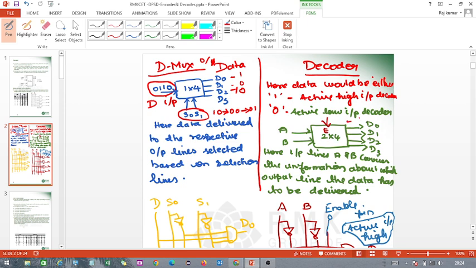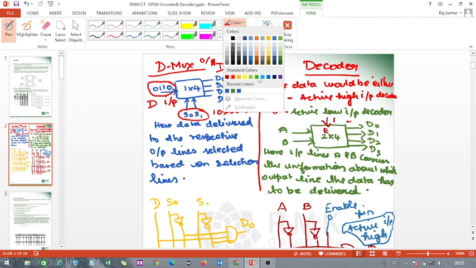To enable, which way do you have to enable? Either by providing a high logic value. If you have chosen an active high input decoder, you will enable through logic 1. Suppose you've chosen an active low input decoder, you will enable through logic 0 with an inverter provided.